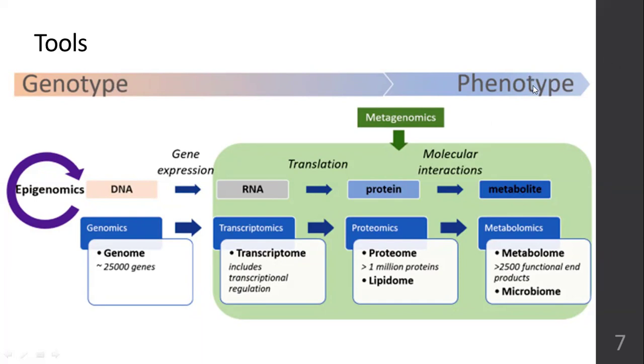Phenotype is what we are seeing. We can see this person has blue eyes, or that person has brown eyes, curly hair, straight hair. Is this person fair or dark? These are the phenotypes, the physical characteristics that we can see. Genotype is the sequence to get that. And then epigenetics, epigenomics, we have just discussed.